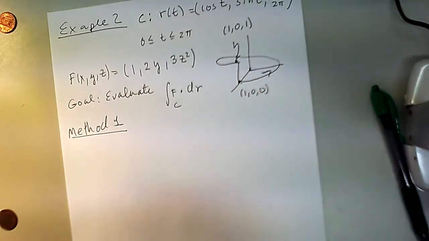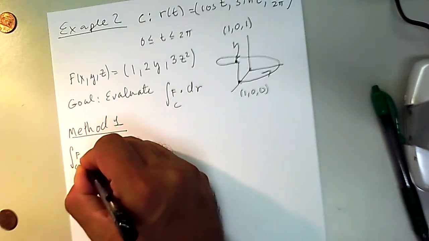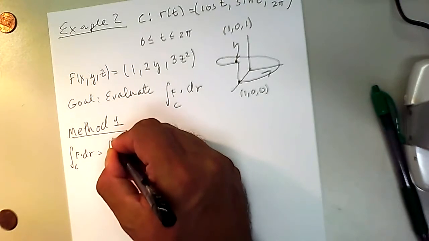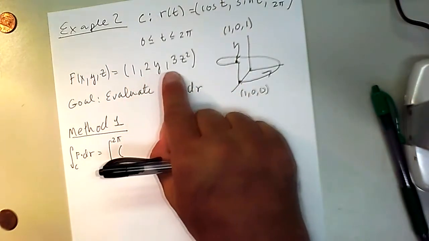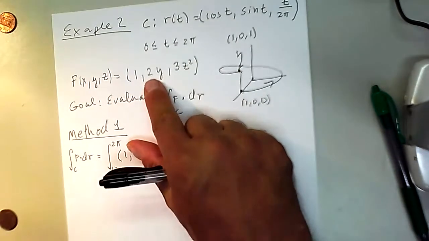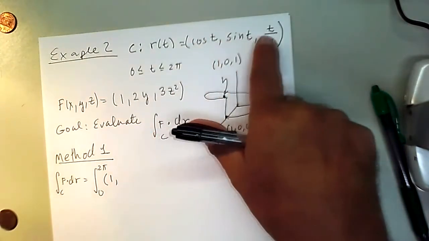So I'm going to start squishing this here. dr equals the integral from 0 to 2 pi of this vector field. So the first component is 1. The second component is 2y. Remember though, this is x, y, and this is z.